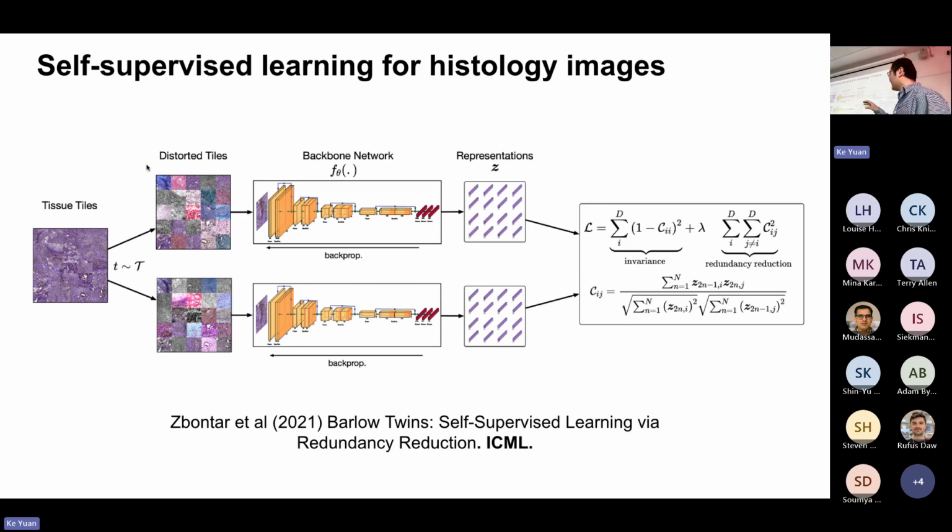As a result, what we find is that those changes in color actually go much beyond what we typically see as a major source of technical batch effect in histology, which is stain differences between scanners or institutions. So this approach may be less powerful in terms of getting all the features you may get from the images, but it's actually getting features that are quite robust.